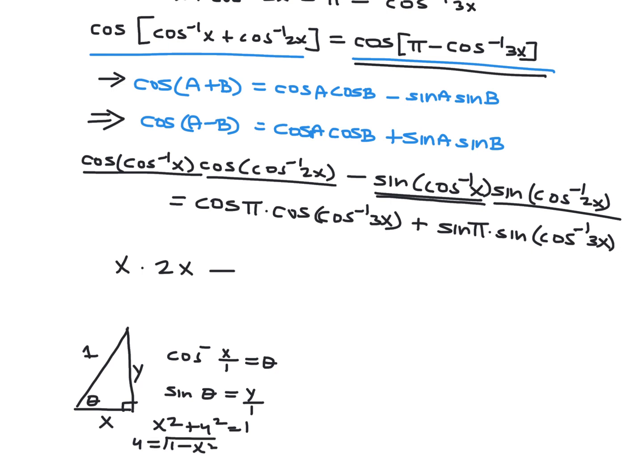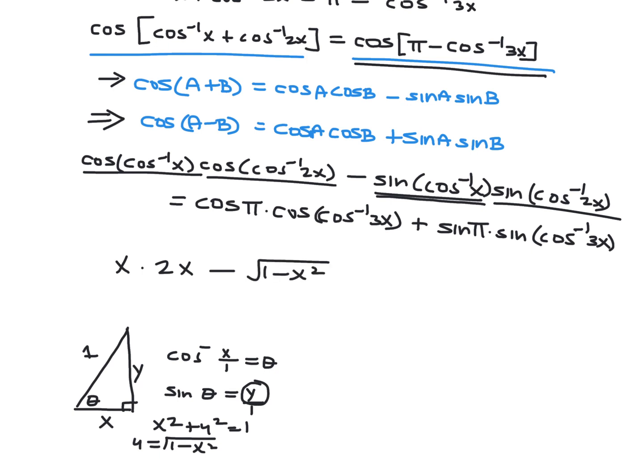So that's sine of theta, which is essentially the sine of arc cos of x, however you say it, equal to the square root of 1 minus x squared, which is y basically.